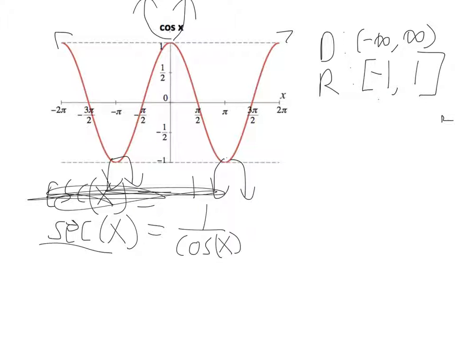You can draw your asymptotes where cosine is 0, because that would make secant 1 over 0, so secant would be undefined where cosine is 0. So everywhere cosine crosses the x-axis, you can draw your asymptotes.